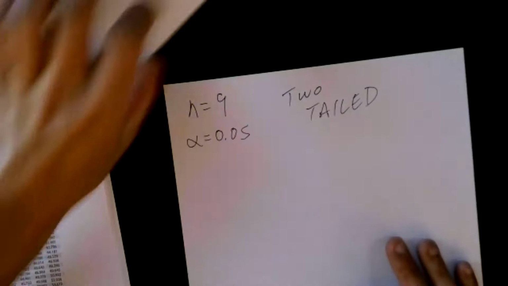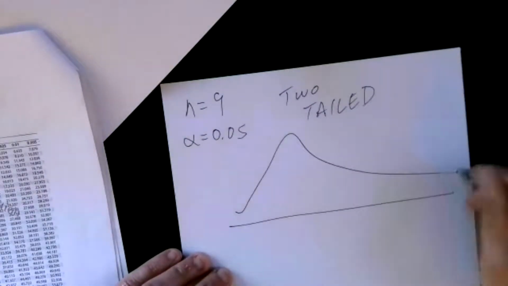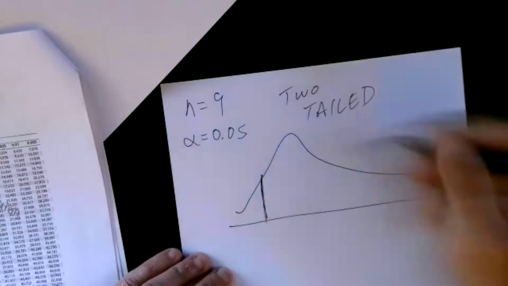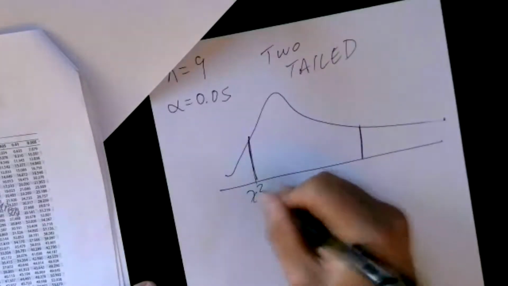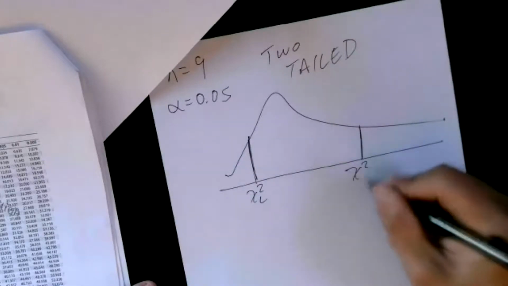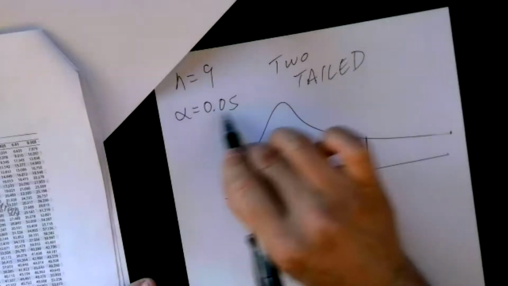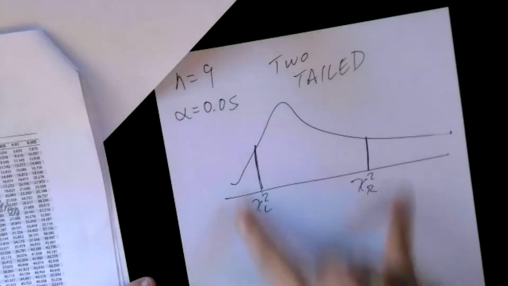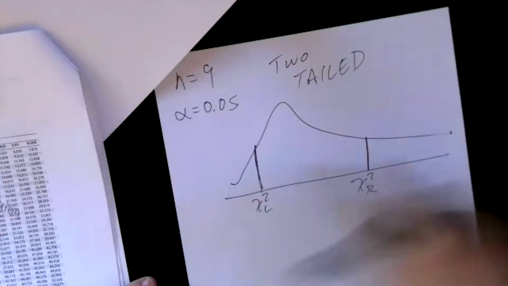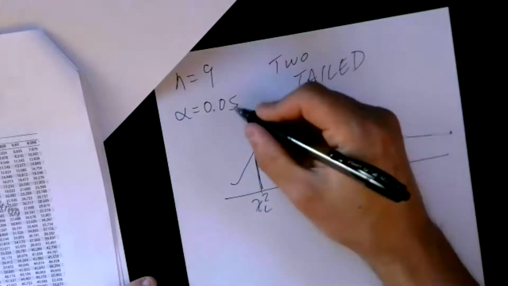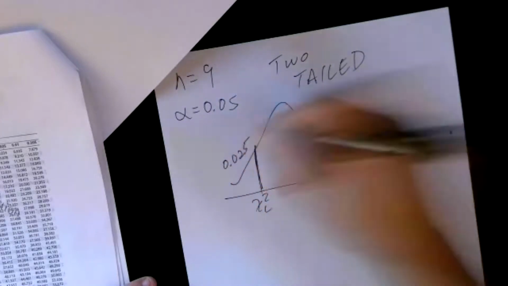So on our sketch, one on the left and one on the right. Now let's be careful here. The alpha value, 0.05, is the area in both tails. So if I want to know the area in one tail, we have to divide that by 2. 0.025.